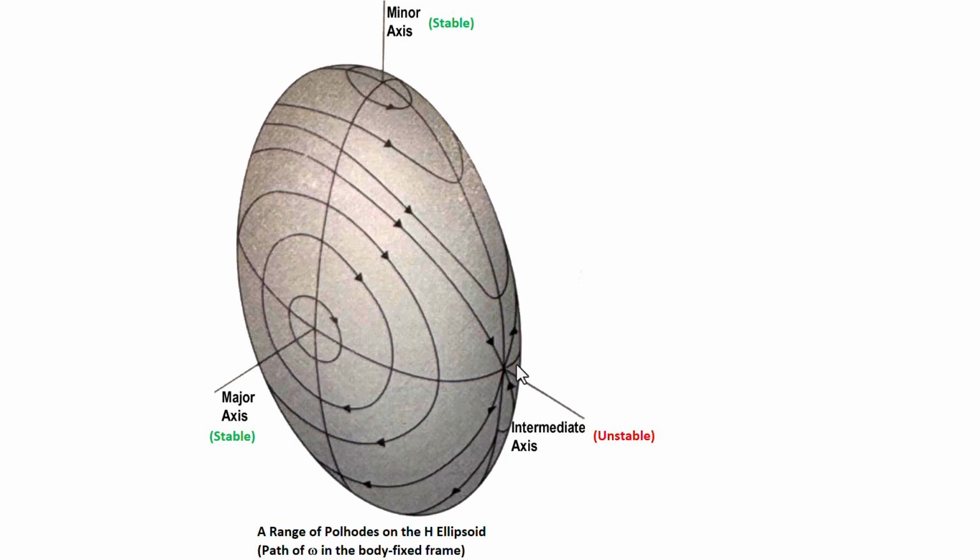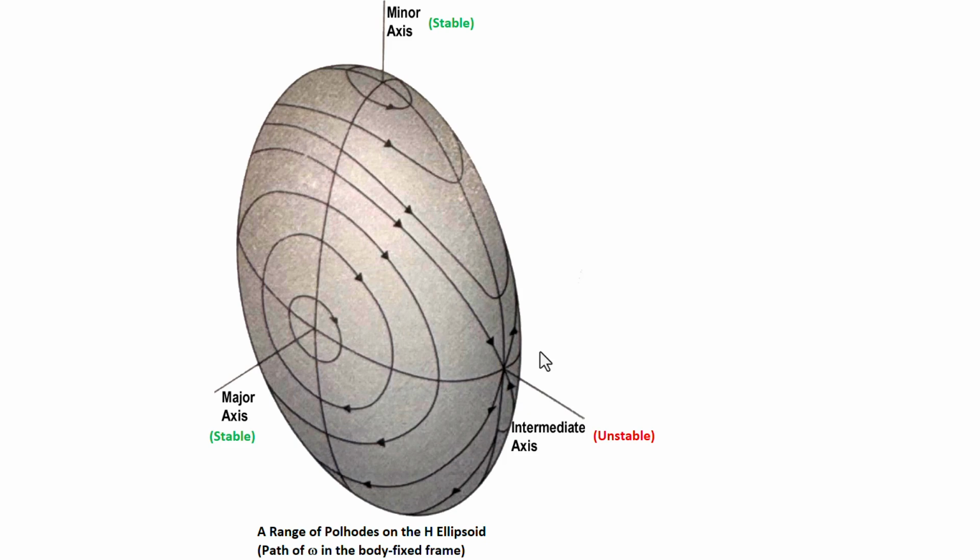But what's interesting is the intermediate axis. These paths on the intermediate axis, if you're coming this direction, you'll notice the paths go into this point, whereas from that same exact point, you also have potential paths that go in the other direction. This is known as a saddle point.